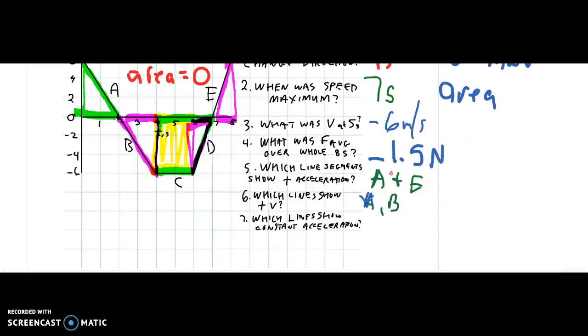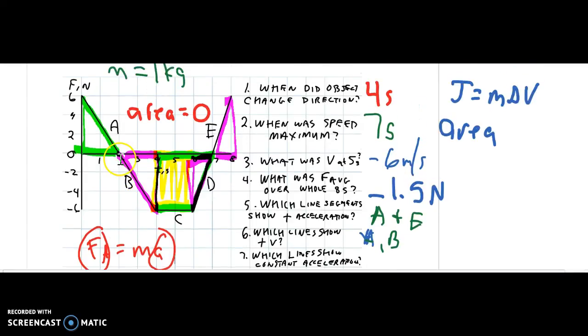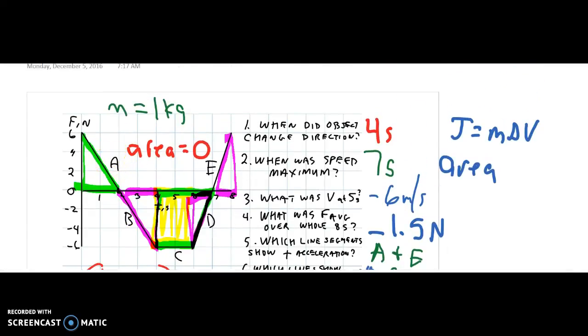Our last question asks, when is it a constant acceleration? Well, what causes acceleration? That is your force applied equals ma. So if I want this side to be constant, then this side also has to be constant. Back to these sections. I can look, and in the very first segment, that's changing forces, so it's not that one.